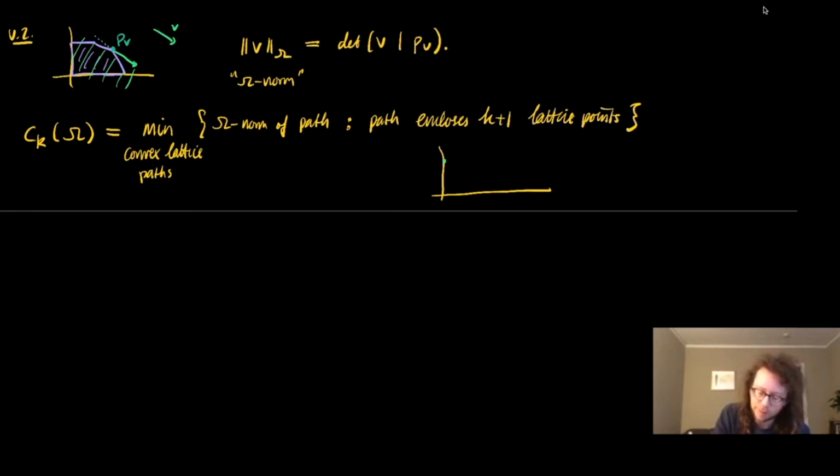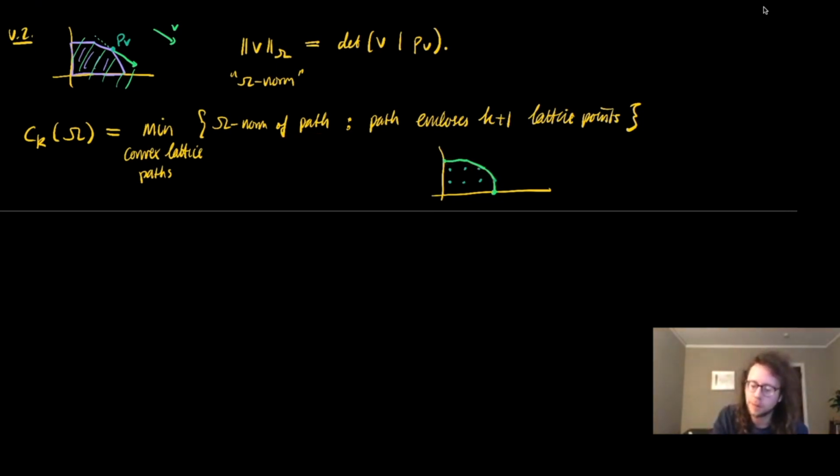A convex lattice path is a path starting somewhere on the y-axis and then is piecewise linear, a piecewise linear path that encloses a convex region, and lands on the x-axis. The condition is asking that inside this convex region there are exactly k plus 1 lattice points, and the quantity that we're minimizing is the omega norm of this path. It's just the sum of the omega norms of each of these vectors.